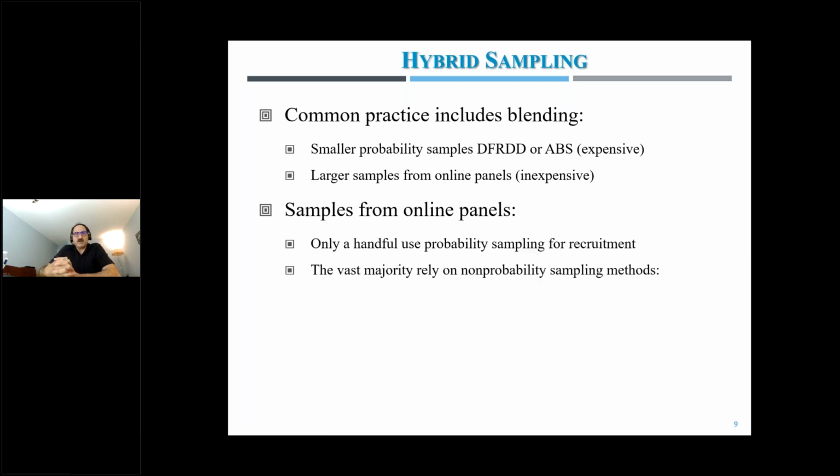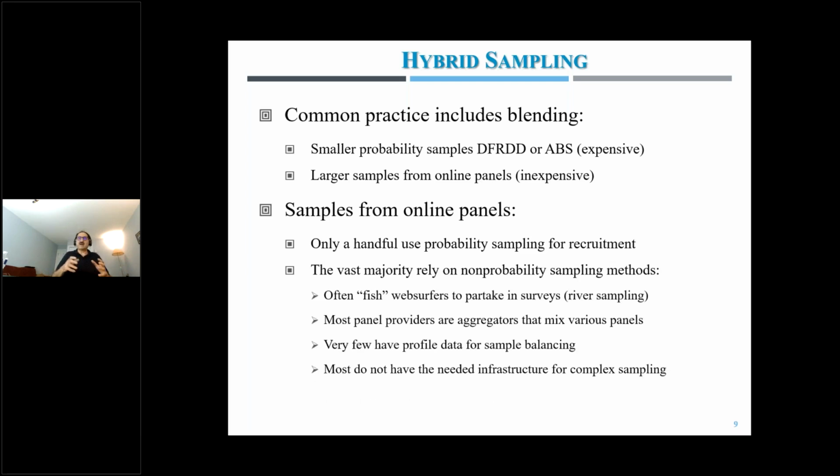When it comes to online panels, there are, generally speaking, two types of panels. One type of panel are those that rely on probability-based methods for recruitment, and there are only a handful of panels that qualify as such. The vast majority of online panels that we use these days are those that rely on non-probability methods and don't have what I would refer to as organic representation, because they rely on every which way to recruit panel members.